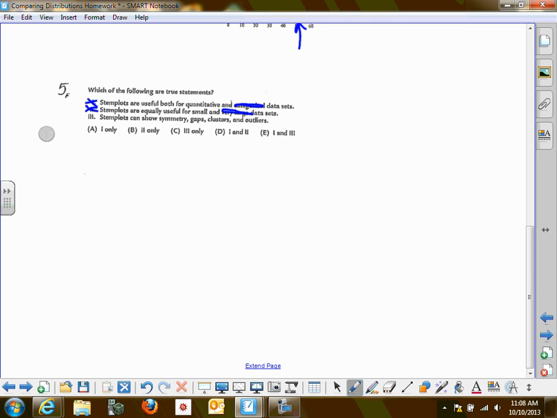You have the individual pieces of data. Remember, your stem plot is giving you the stem, and then you have individual pieces of data. And so because you have individual pieces of data, then you can compute the IQR and the outliers and all that. Okay, so then 3 is correct. C is 3 only. Very good.